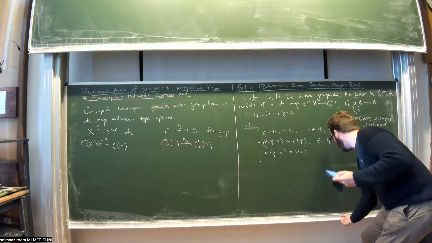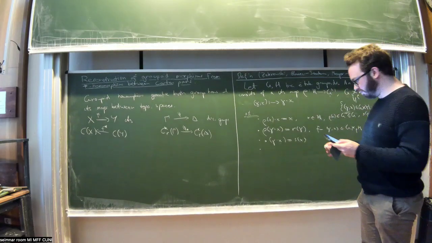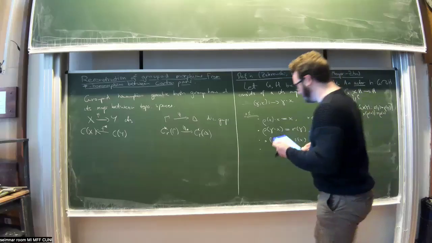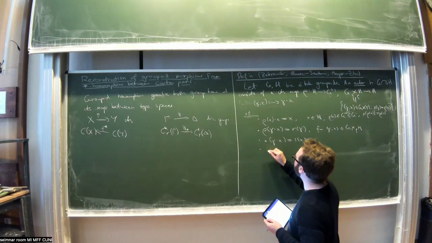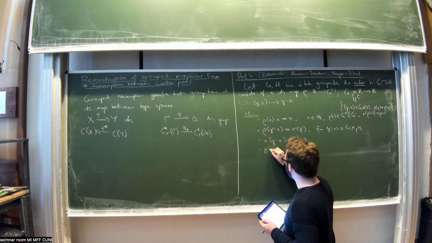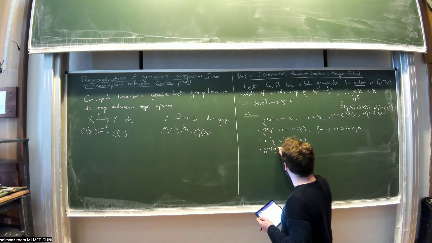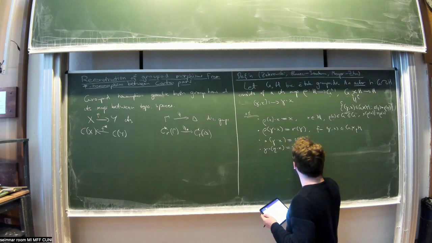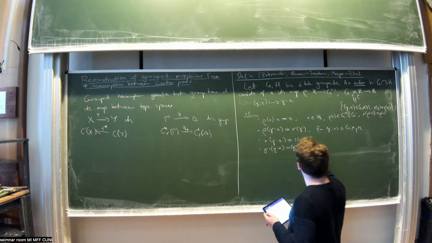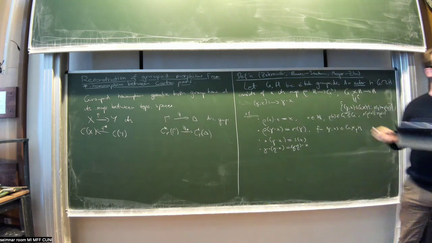So also mimicking the group setting, if I have a composition that looks like that, then I should be able to shuffle my brackets around however I like.